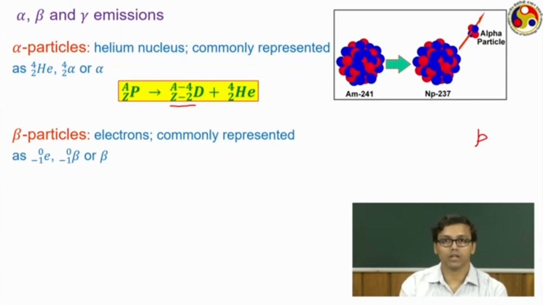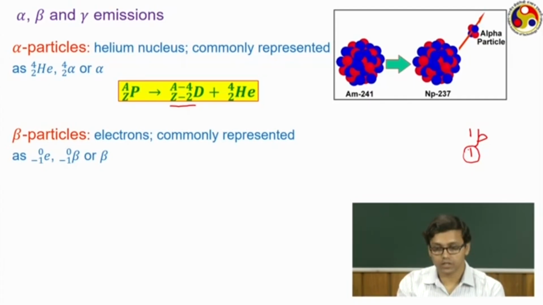So, it is having a mass of 1 and also 1 unit positive charge. Accordingly, its atomic number sort of thing is 1 and its mass number sort of thing is also 1. Here this particular one is associated with the charge and this particular one is associated with the mass.